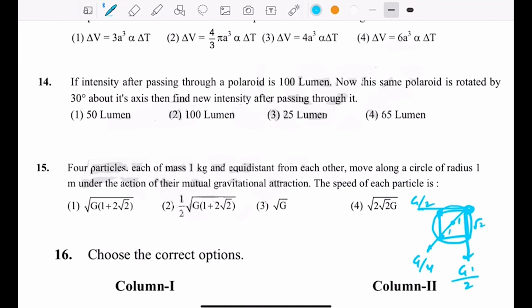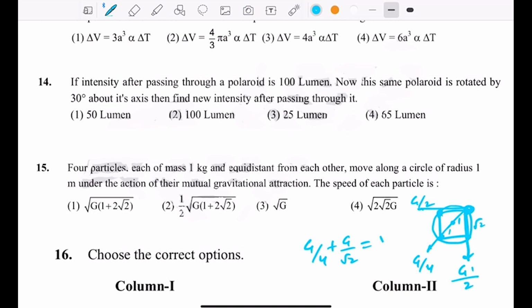If you take common, it will be G by 4 plus G by root 2. G by 4 plus root 2 times G by 2. So I can write G by root 2 is equal to mv square by r, the speed we want.